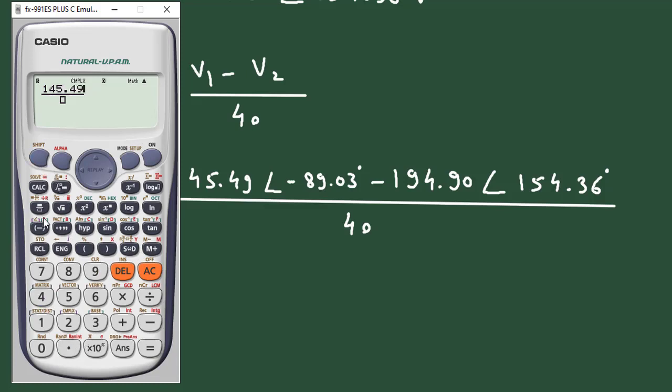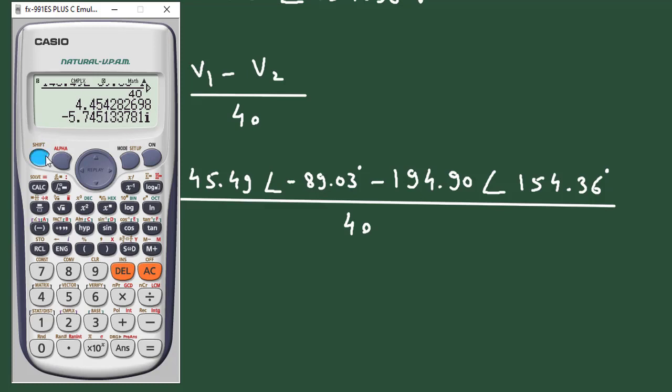It is equal to 145.49 at an angle minus 89.03 minus 194.90 at an angle 154.36, divided by 40. So it is equal to this much in rectangular form.